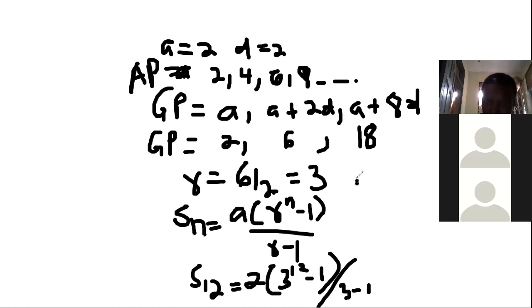So the sum of the first 12. Your answer is 2? Check again. I don't agree. It's not 2. 3 raised to the power 12, what will you get? That is very huge. So it's 2 into bracket 3 raised to the power 12 minus 1, all over 3 minus 1. So check.